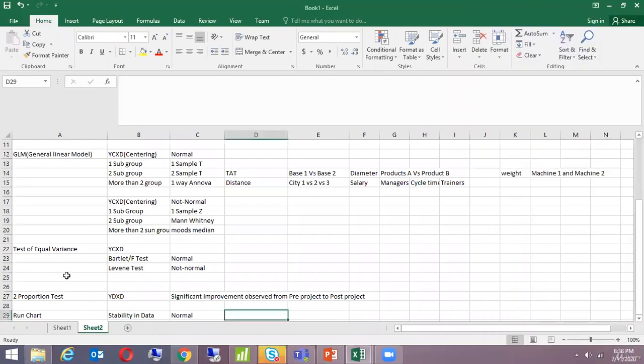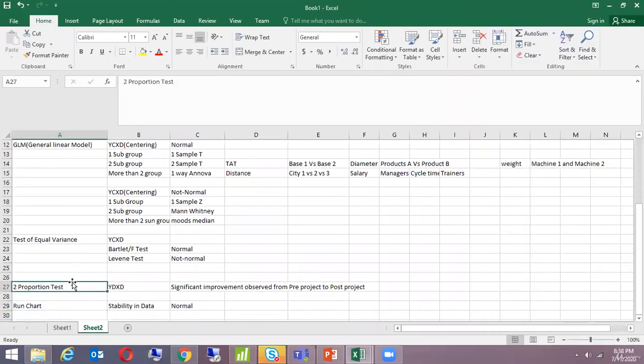So I was talking about there's a run chart also that we do to check the stability in the data. This is also to be done for normal and continuous. Two proportion test is also known as 2P test.